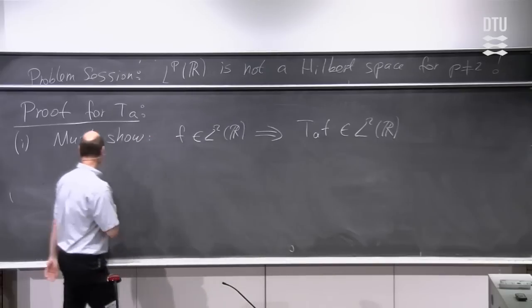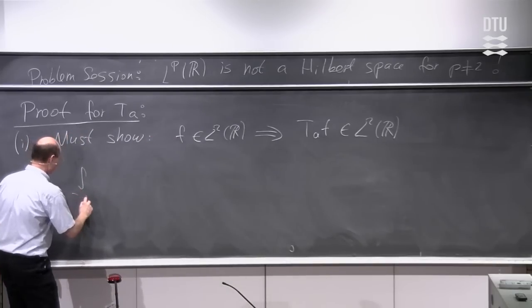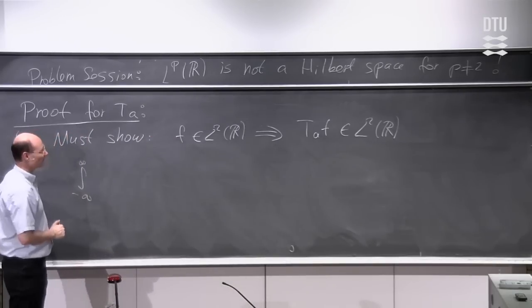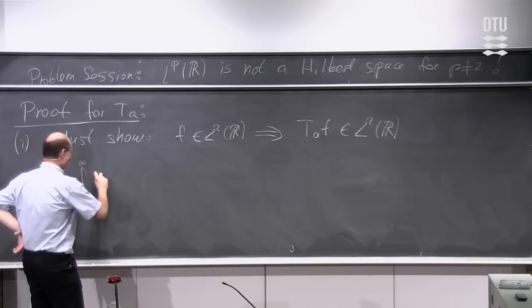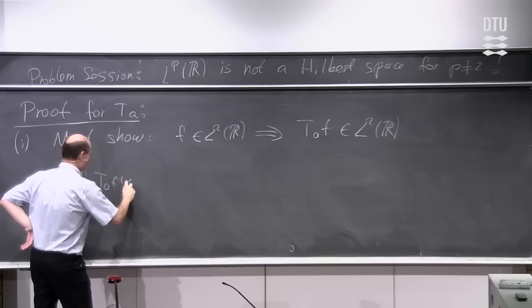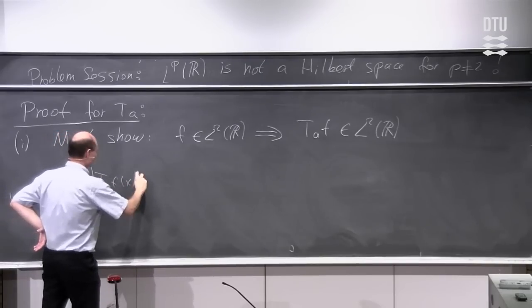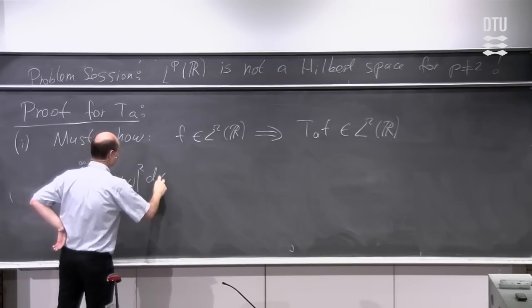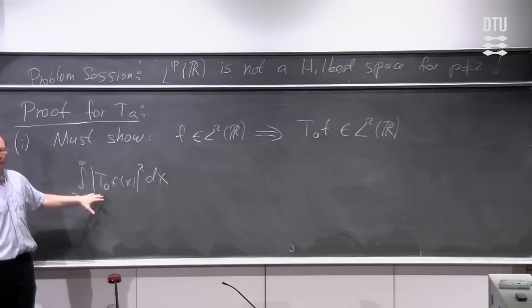This means that we have to look at the integral from minus infinity to infinity, and then we take the function value TA F of x, and we take its absolute value to the power 2 dx, and we need to show that this is finite.